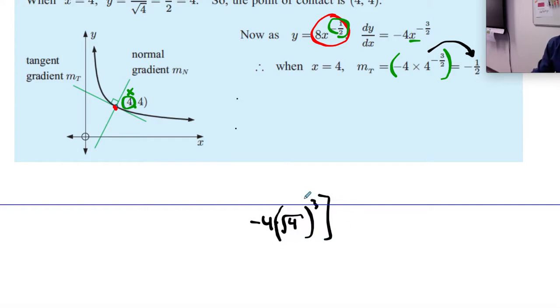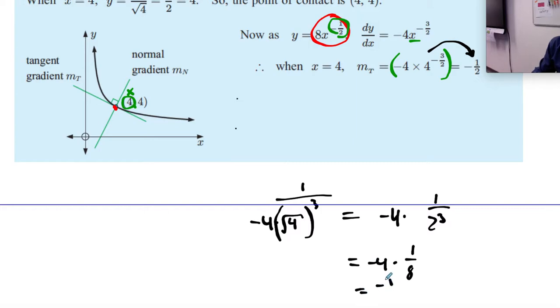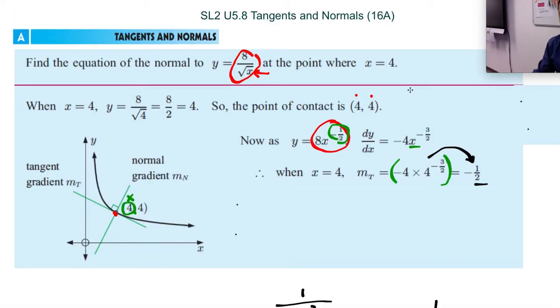So actually, let's do it this way: 1 over that. This is 2, so this is really negative 4 times 1 over 2 cubed, which is negative 4 times 1 over 8, which is negative 4 over 8, which is negative 1/2. Cool. Now, you don't have to write that out, but hopefully you can do that in your head. It'll save you a lot of time.